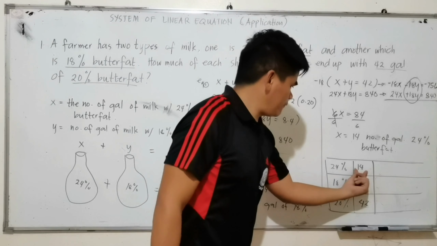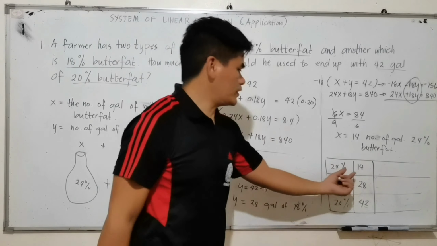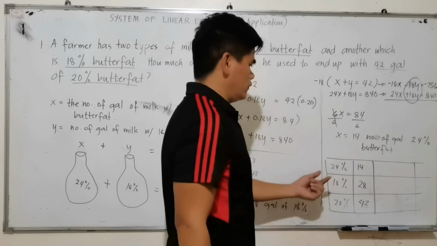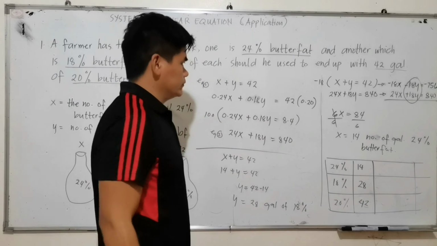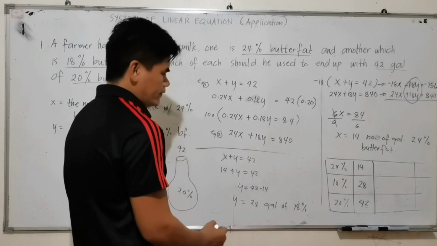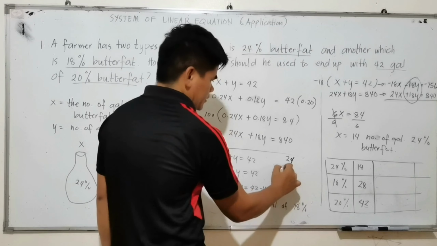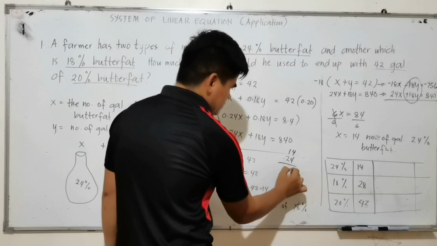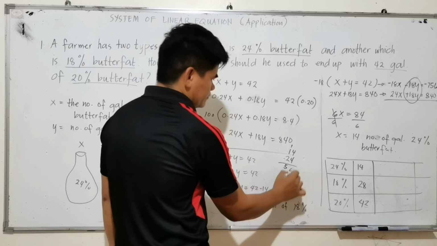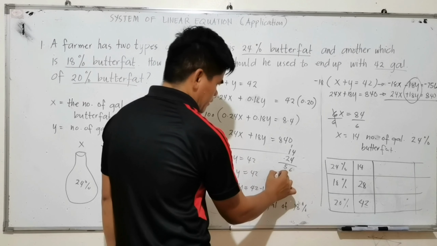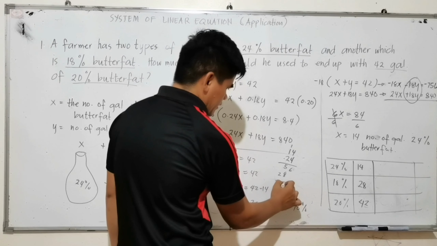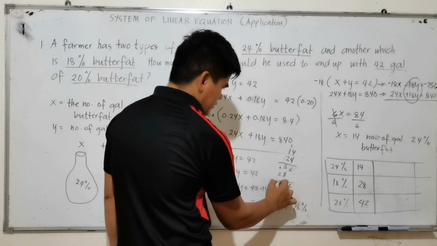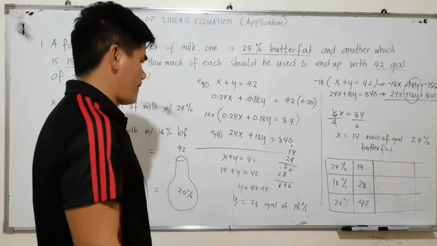What is 24% of 14? Solving 24 times 14. So we have 16, we have 5, then 8, then 2. So we have 6, 3, 1, 3.